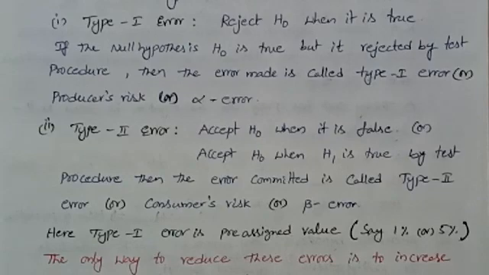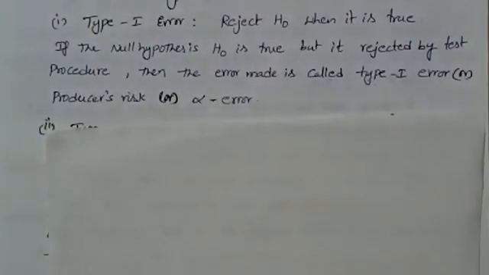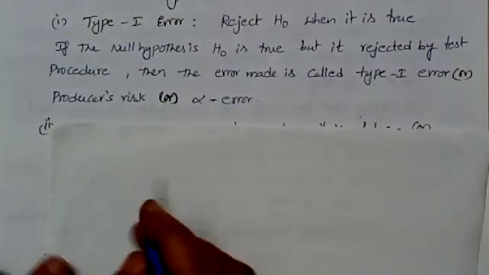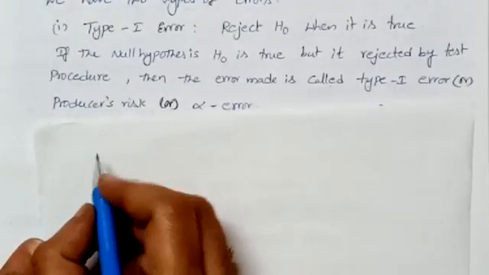For example, how can you differentiate these two errors in reality? I am taking one example, that is a case for judgment.